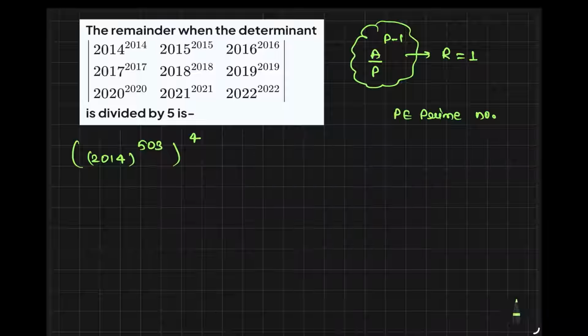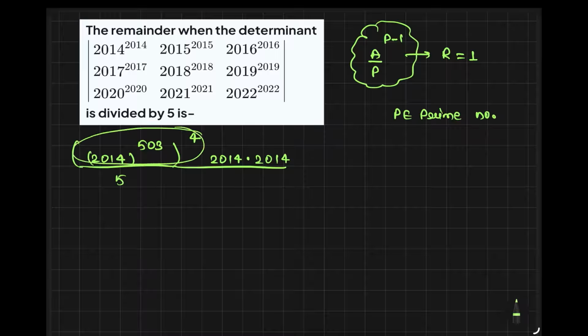Now it is only 12, so we need two more. So can I write 2014 to the power 12 into 2014 squared?